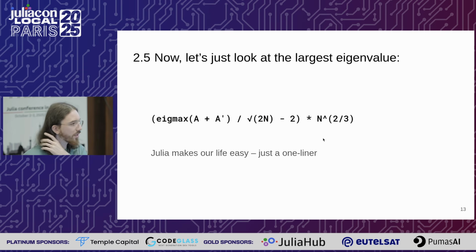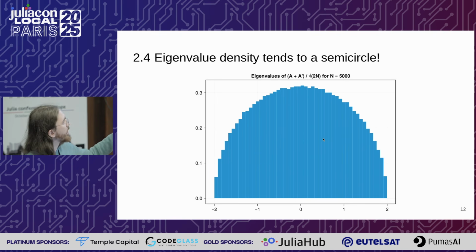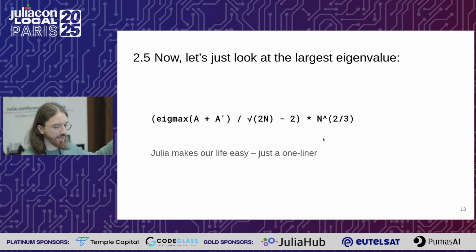And in particular, now we're going to be looking at the largest eigenvalue. So in this histogram, just at the very right, at x equals 2, we're looking at just the largest eigenvalue. We're going to be doing this a bunch of times, and Julia makes this really easy with this eigmax command, and we're going to be histogramming this as well.